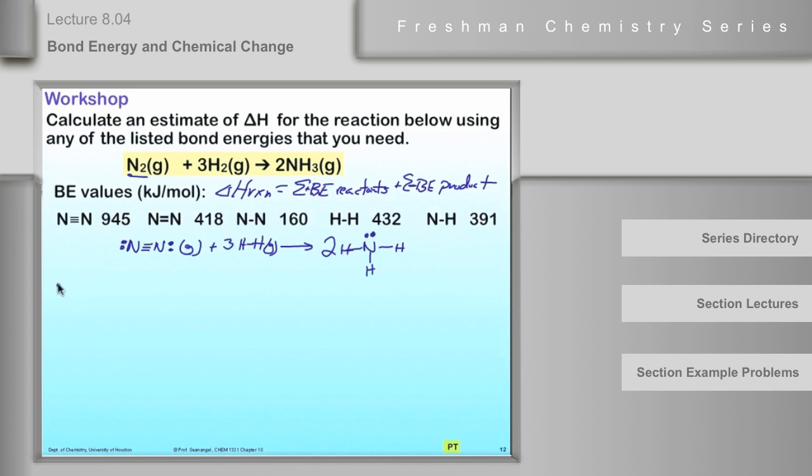So the delta H reaction is equal to the number of moles of each bond times the bond energy for that bond.